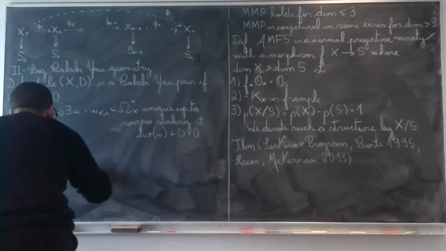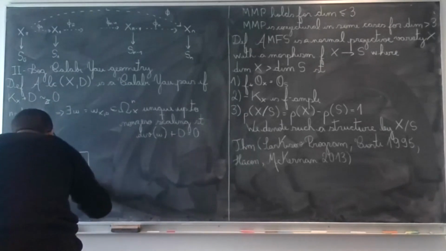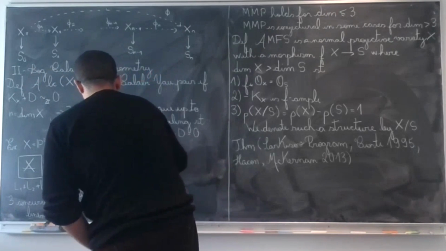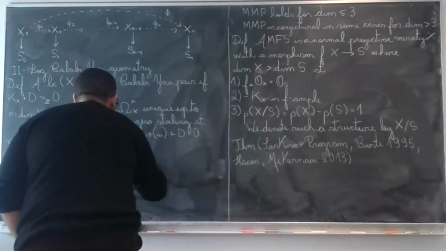D can be the sum of a conic and a line. D can also be a non-singular cubic.